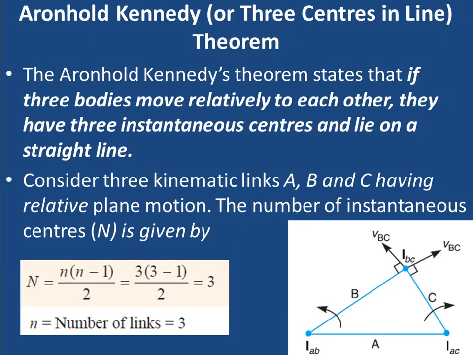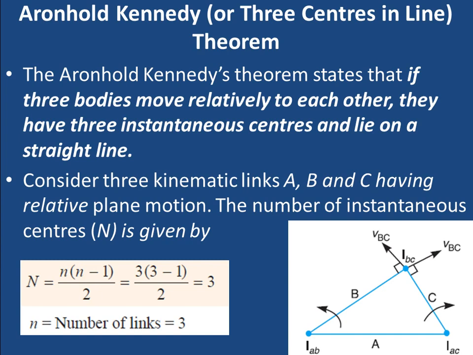Okay, so let us understand the Arnold Kennedy theorem for this. Arnold Kennedy's theorem states that if three bodies move relative to each other, they have three instantaneous centers and they lie on a straight line.